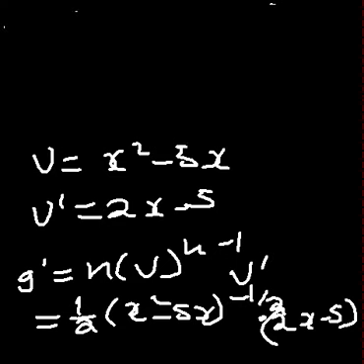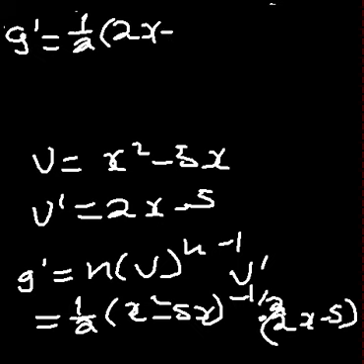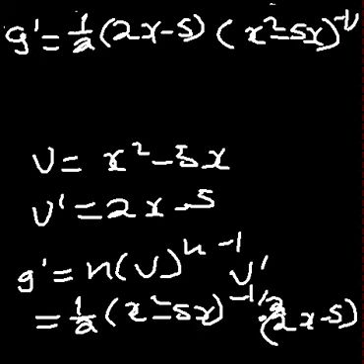And from there we'll have g of x prime, that will be given as half times (2x minus 5) times (x squared minus 5x) to the power negative half. If we think of expanding this one out, we'll have half times 2x, which is x, minus 5 over 2.